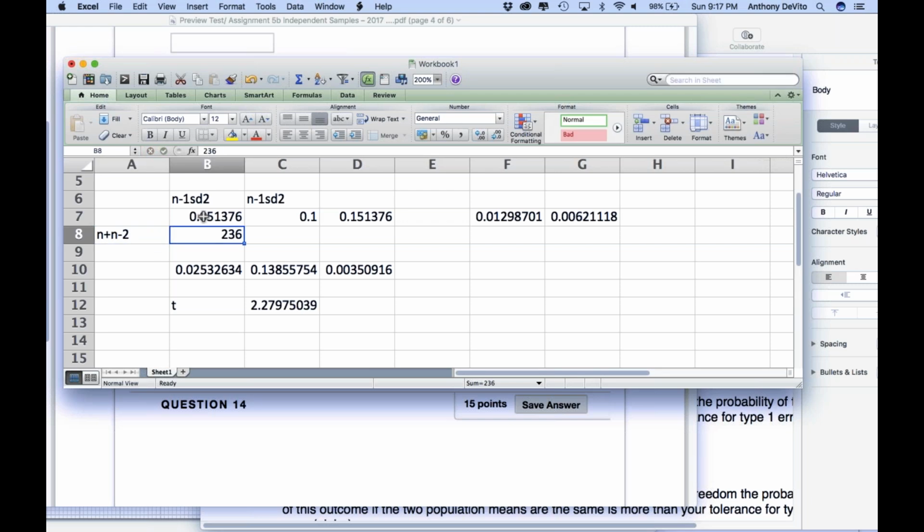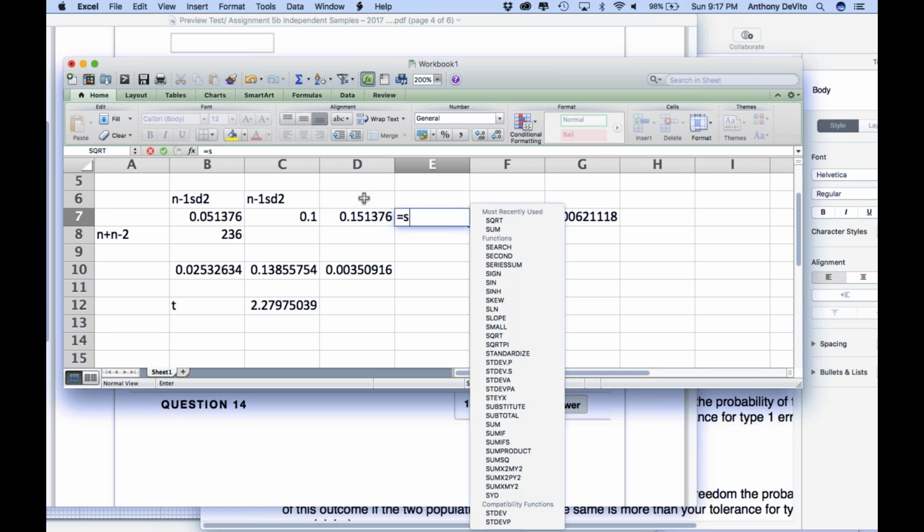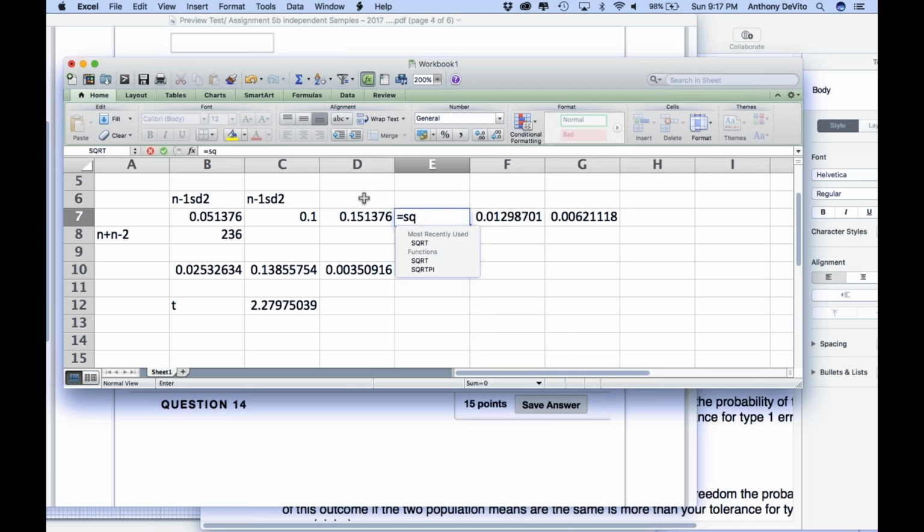So I want the sum of these two, which is this, divided by that, then I want to take the square root of it. So the sum of these two is equal to the square root of this divided by this.